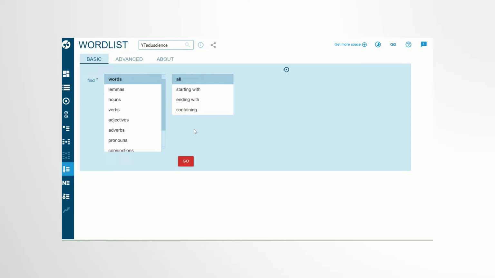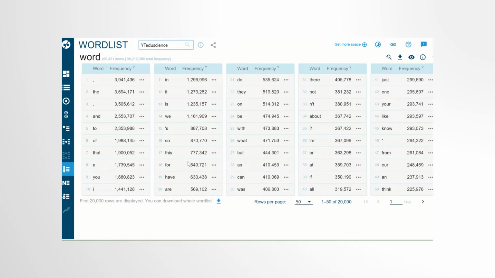And here we'll just use words rather than lemmas. As you can see, you've got several choices here, but we'll use all the words rather than all the lemmas or all the nouns. And I'll just click on go here. Off we go. And we can see which words are the most frequent ones in our IT EduScience corpus. This is not terribly surprising. The is usually the most frequent word.